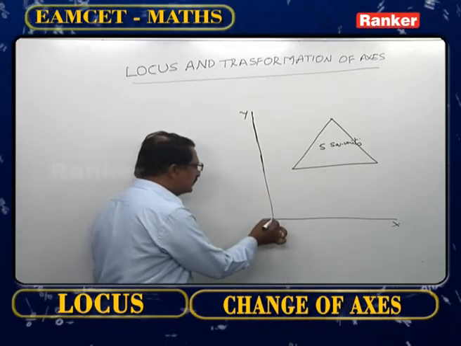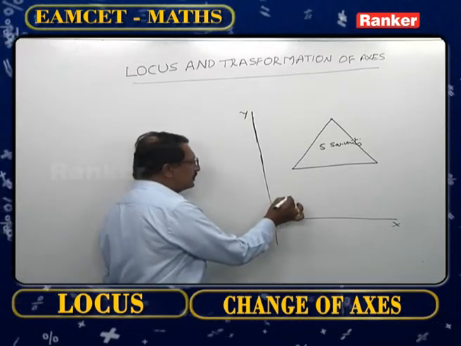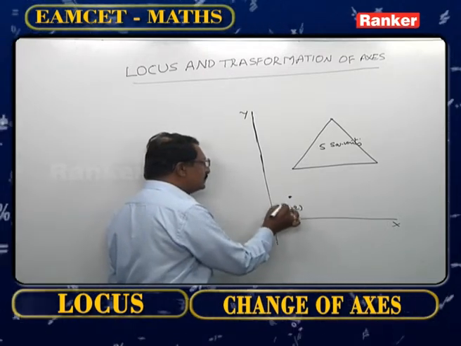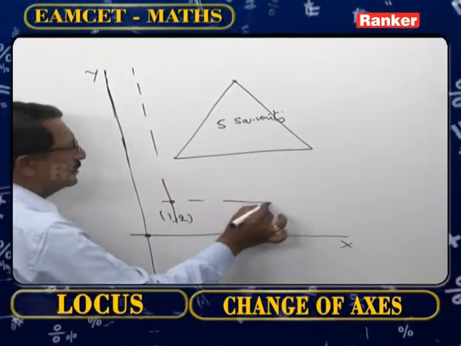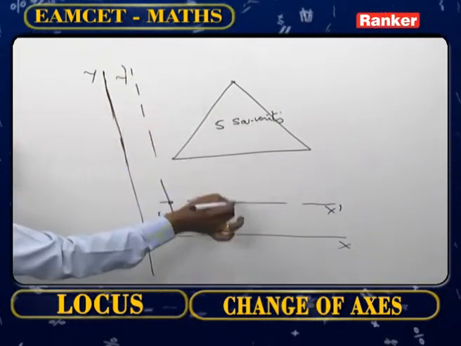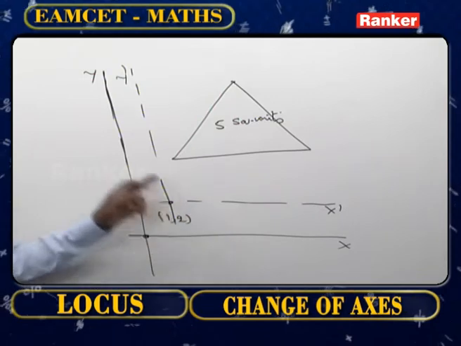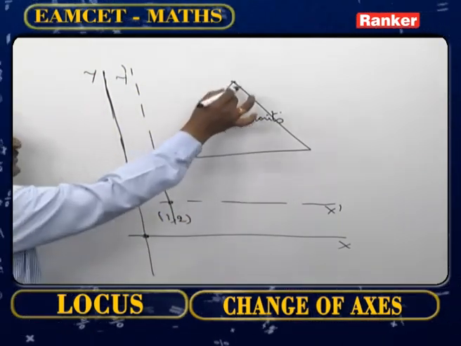Suppose the origin is translated to the point (1, 2), giving new axes x dash and y dash, with the original axes being the x-axis and y-axis.